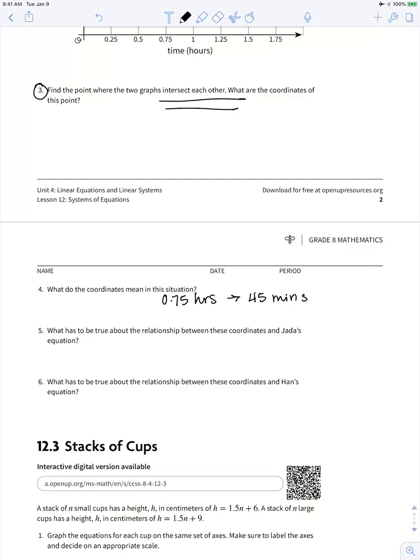So 45 minutes after Han left the lake, he passed Jada. And then again, this happens at 3 miles from the parking lot.